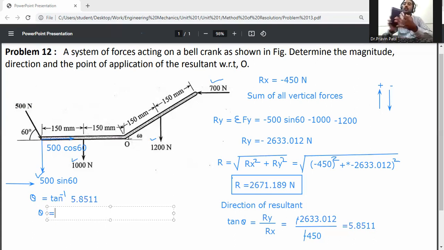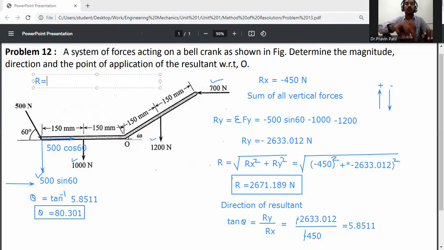It will be 80.301. So direction is 80.301. Okay, so this one is direction of resultant. So I will note down resultant R is equal to 2671.189 Newton.